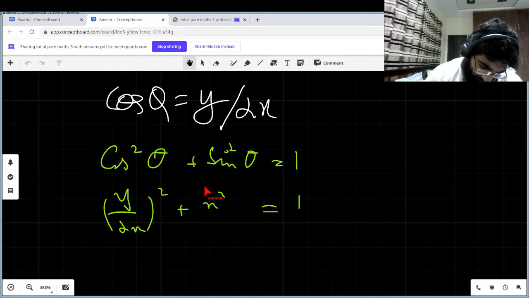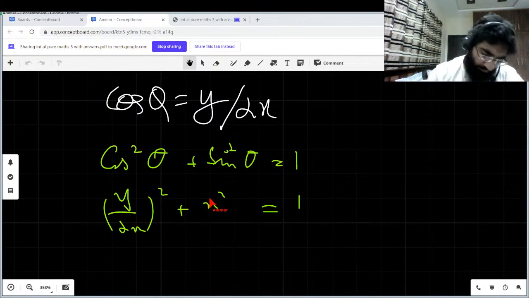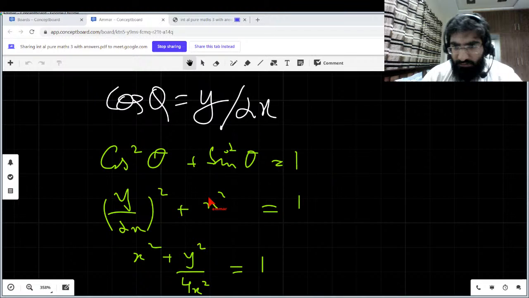So you have y squared divided by x squared plus y squared by 4x squared is equal to 1, and then you can convert it even into any form.